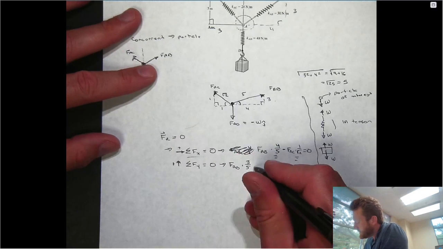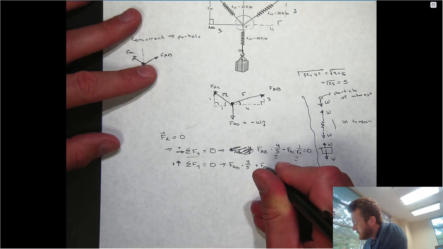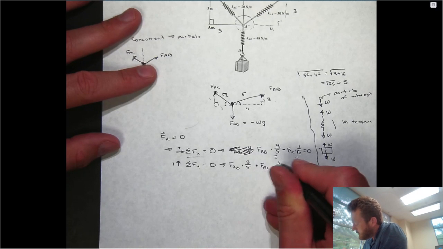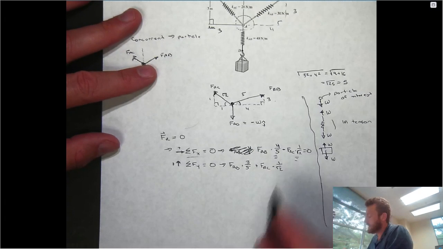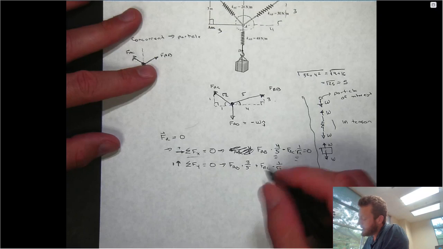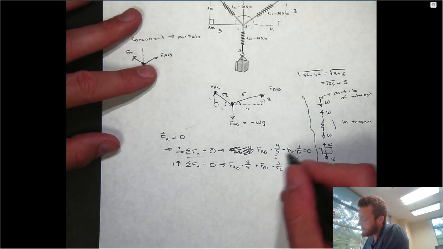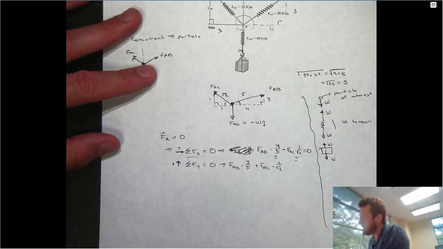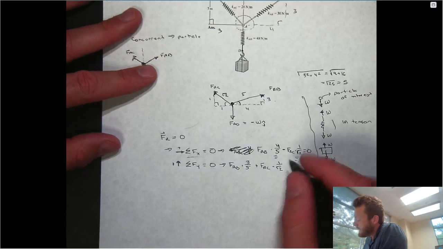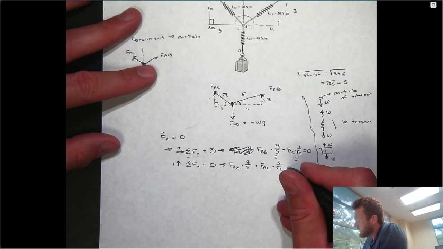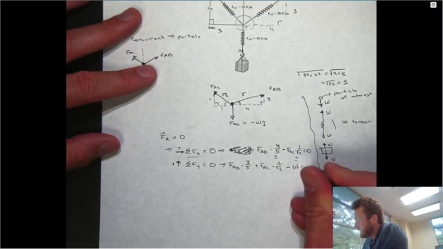And FAC, which is just going to be 1 over root 2 again, 45-degree angle, so not surprising the x and y components are the same. Notice that the y component of FAC is up versus the x component was negative because it was left. And in the downward direction, we're going to have minus w, and that will be equal to 0.